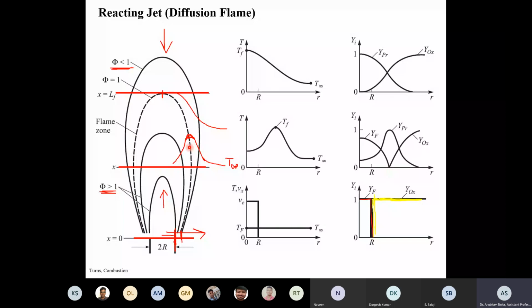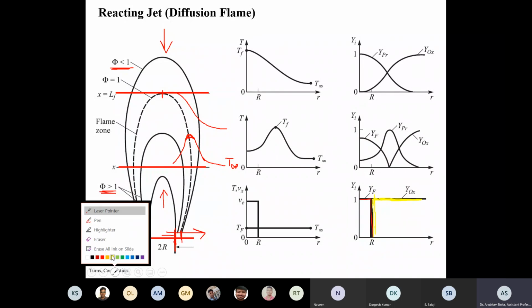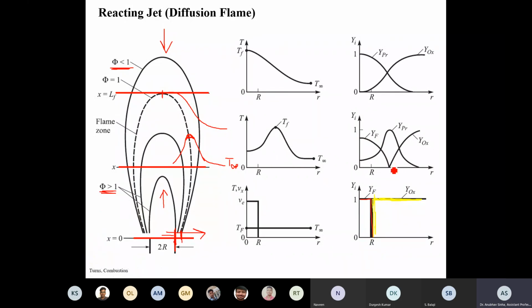You have already discussed this, right? So you see, fuel is getting consumed, and here fuel is finished. That's it. Now, don't get confused. They should have actually used two different colors, but let me draw it for you. This is for oxidizer, not for fuel. Fuel is this one, oxidizer is this one.